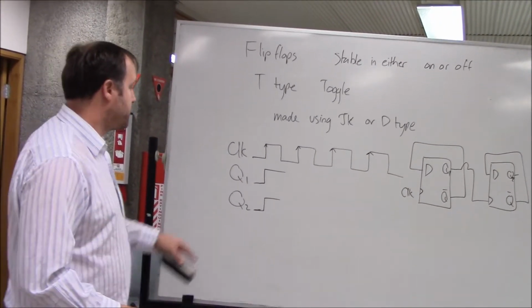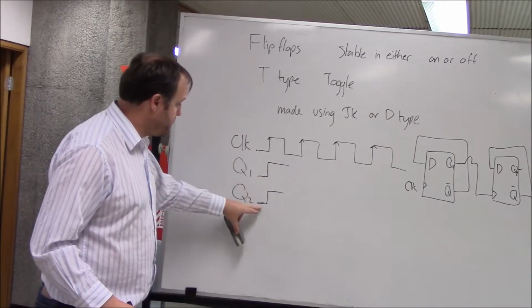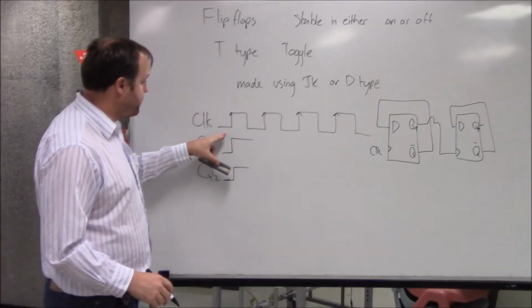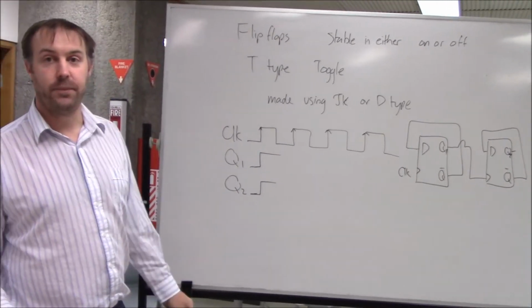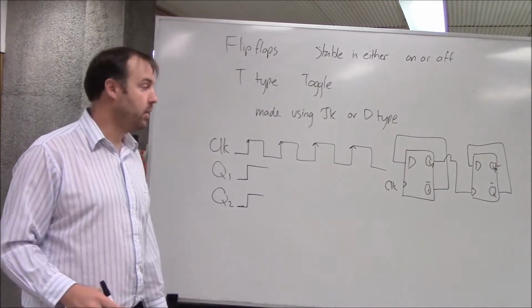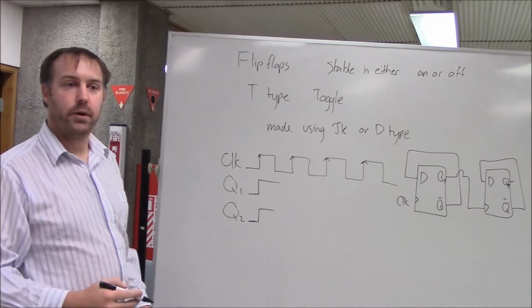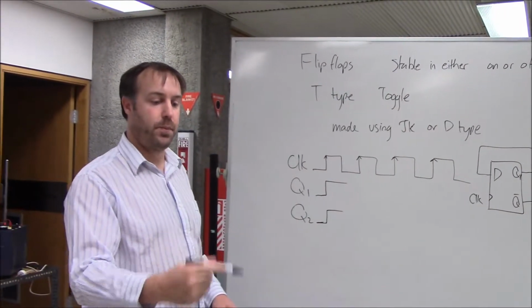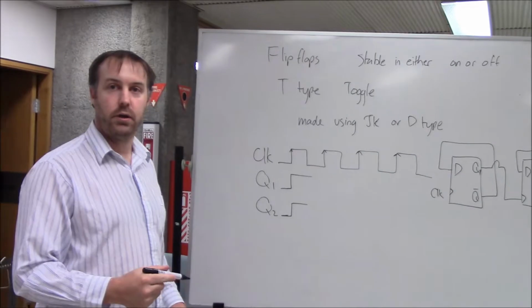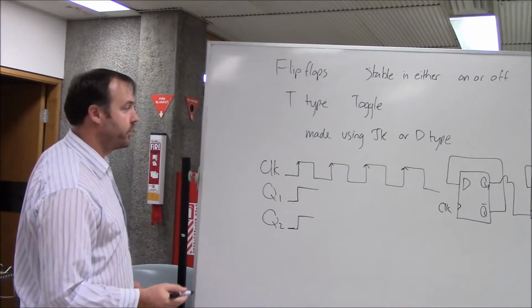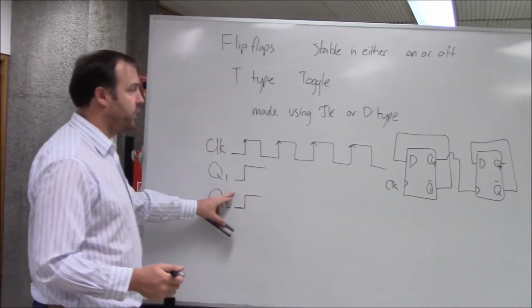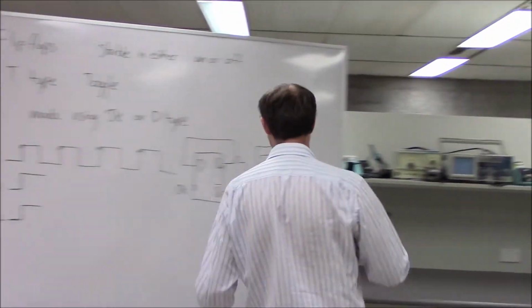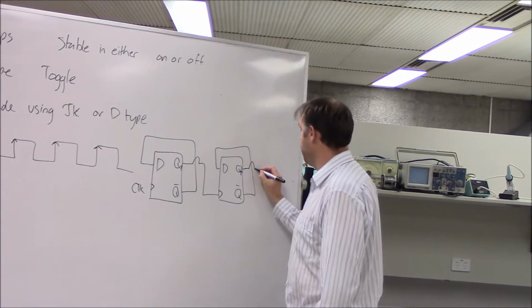So we started with 0, 0, and after the first rising edge, we're down to 1, 1. So this is actually a down counter. We're counting backwards, if you like. We've got to 0, and then we're wrapping back around to 1, 1, which is a logic 3. If I were to have a third flip-flop on here, let's put that in, wire it in identically.